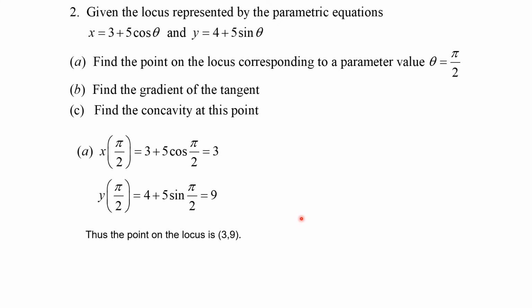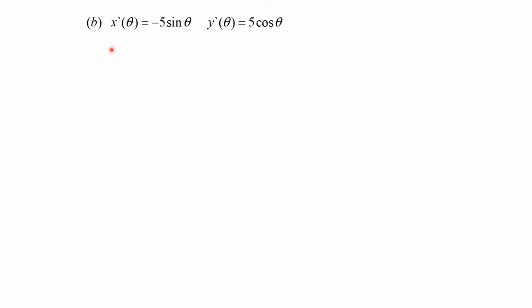Okay. For part B, we need to identify dy/dx. So dy/dx is simply y prime over x prime. From the original x and y equations, x prime is -5 sin theta and y prime is 5 cos theta.